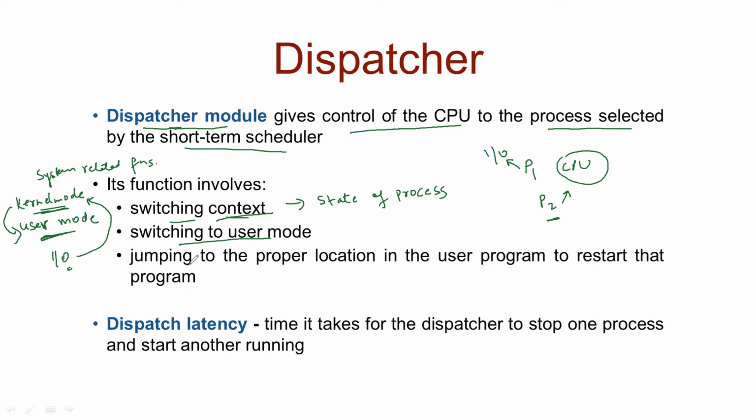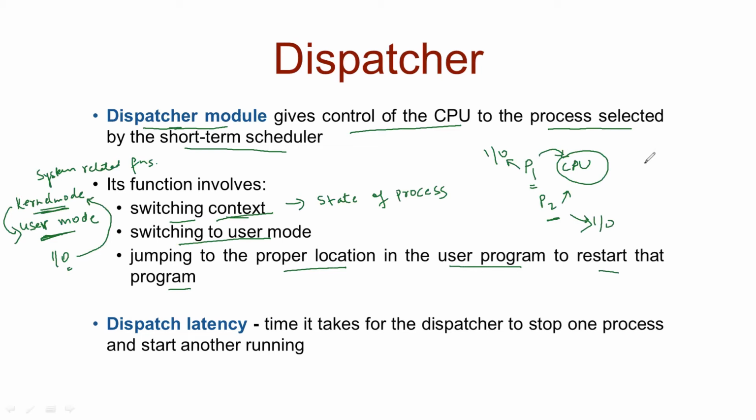Another function is jumping to the proper location in the user program to restart that program. Again, come to this example. Suppose P2 has to go to IO, and in the meantime P1 is free, right? P1 has completed its IO. Now the scheduler will select P1 to allocate it to the CPU, but the CPU will not execute P1 from the start.